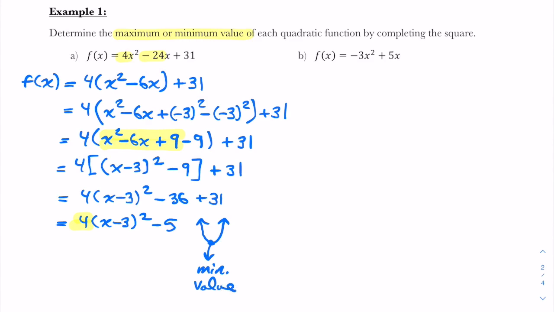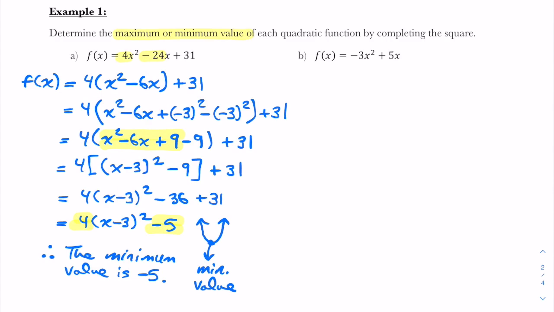Make sure you understand from a graphical perspective that the minimum or the maximum is just equivalent to the y coordinate of the vertex. And that's our k value. So therefore, the minimum value of this function is negative 5. And note that negative 5 is just simply the k value, which I'll highlight over here.